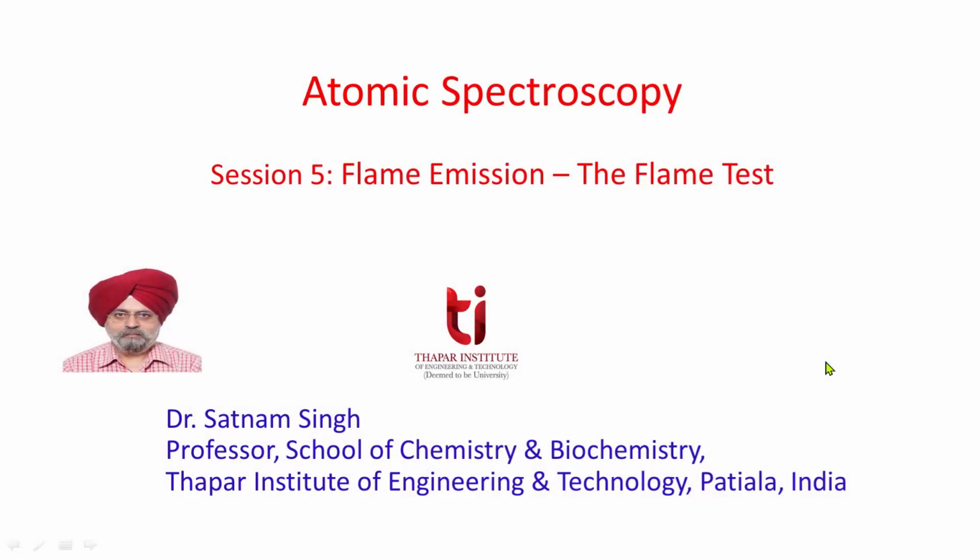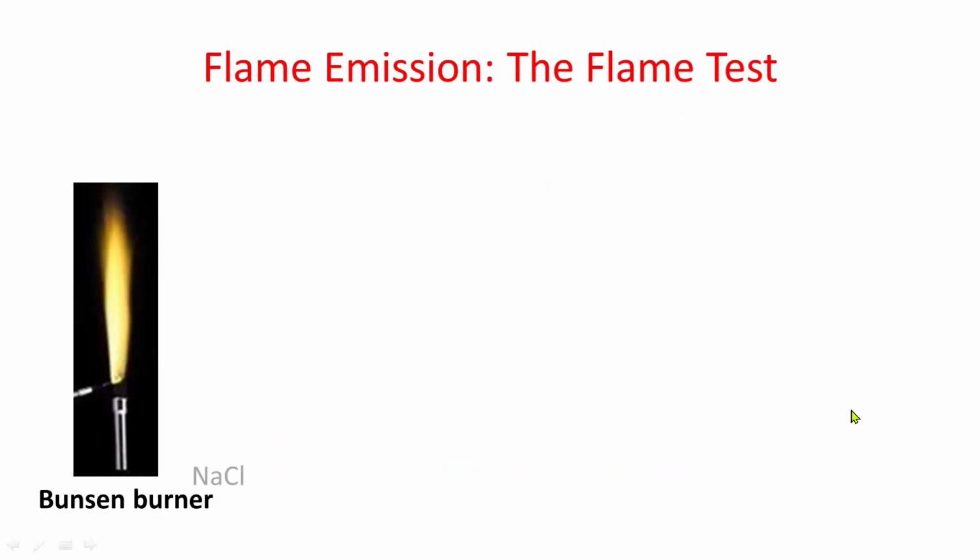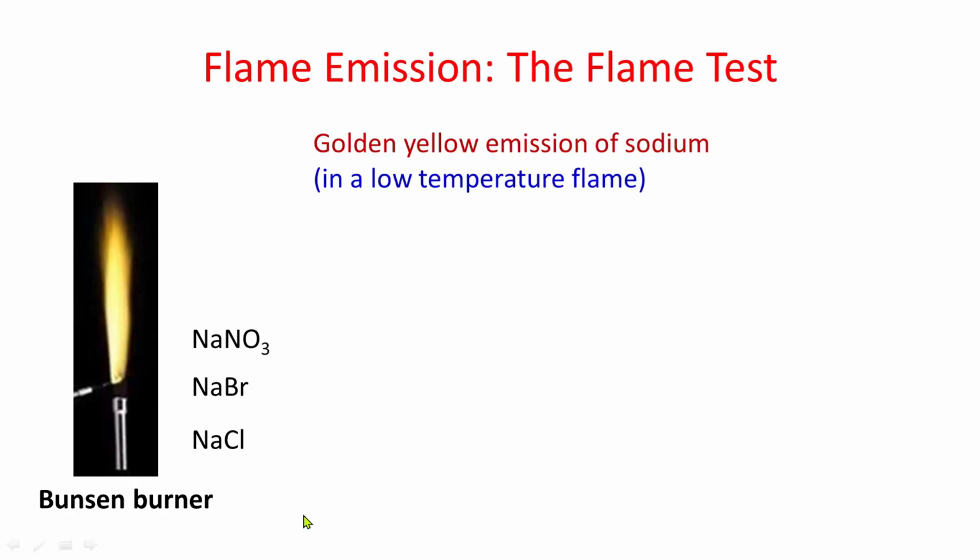In this session, we will discuss flame emission, the flame test. When we put sodium chloride, sodium bromide, or sodium nitrate inside the flame, we get golden yellow emission of sodium in a low temperature flame.